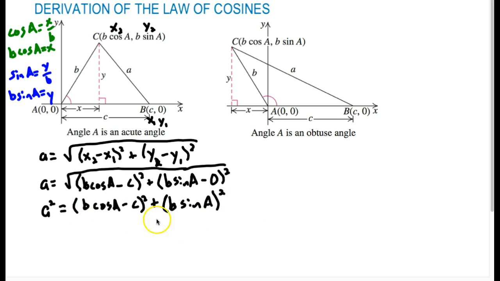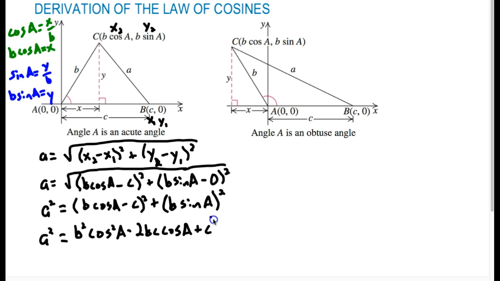So now let's go ahead and square both of these things in parentheses. So over here, we can either FOIL each binomial next to each other, or we can use our shortcut: square the first term. So if I square this, I will have b squared times cosine squared of A. Then take 2 times the product of the two. So that would be minus 2bc cosine of A, and then square the last.